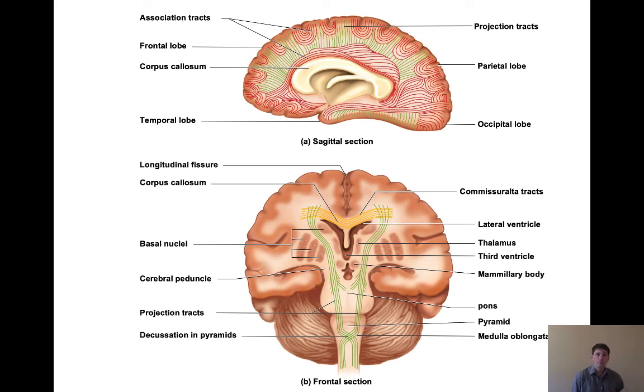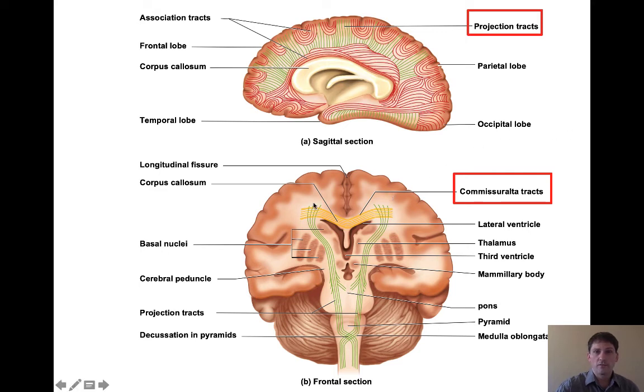Now, when it's in our brains, we can see that information is connected within our brain as well. So we have these projection tracts that are connecting different parts of that cerebral cortex, or maybe from a higher to our lower brain. We can see that we have these commissural tracts that are connecting the two hemispheres, mostly through that corpus callosum.